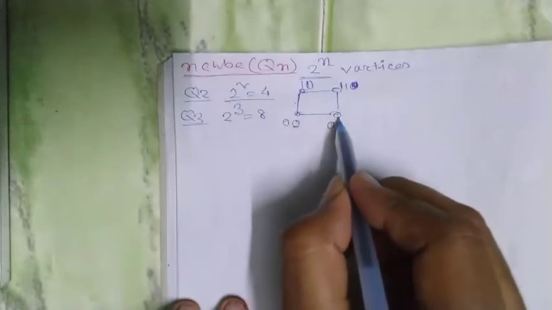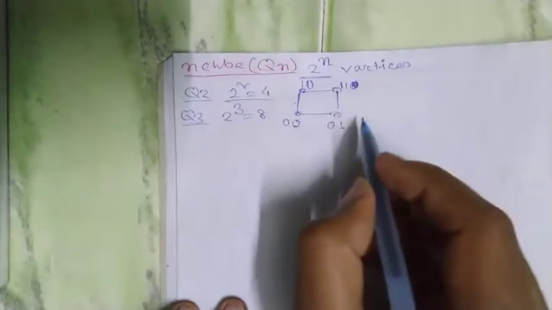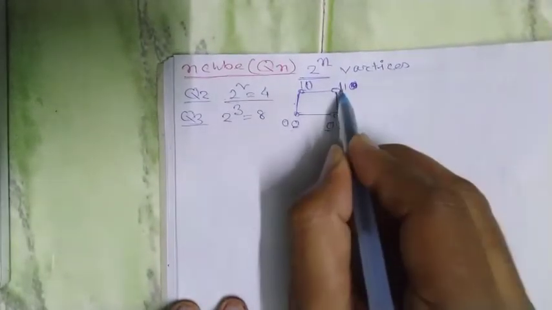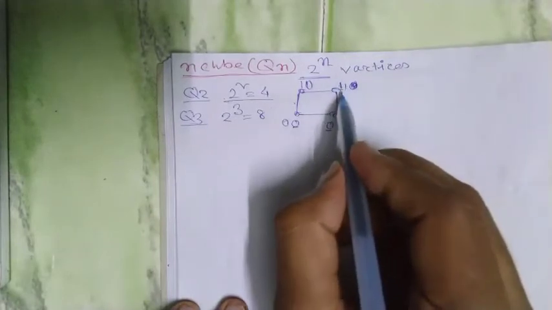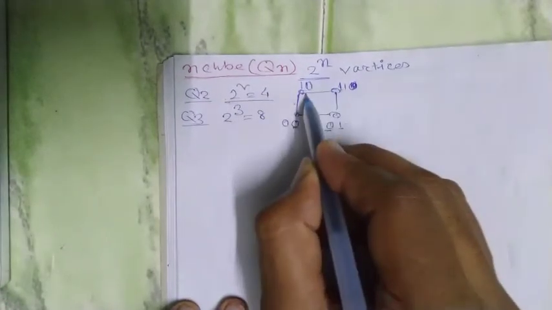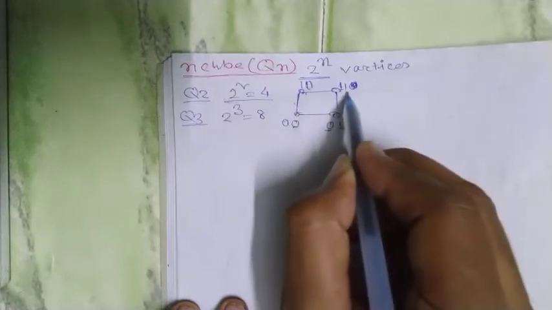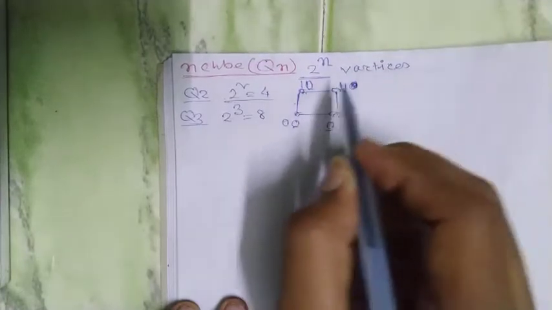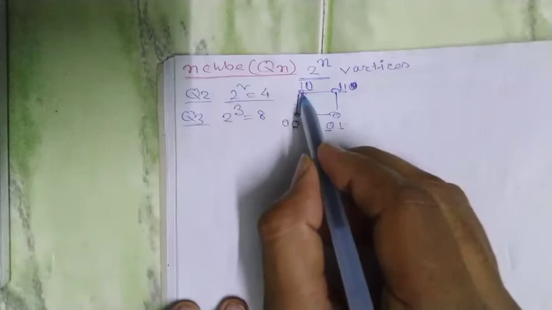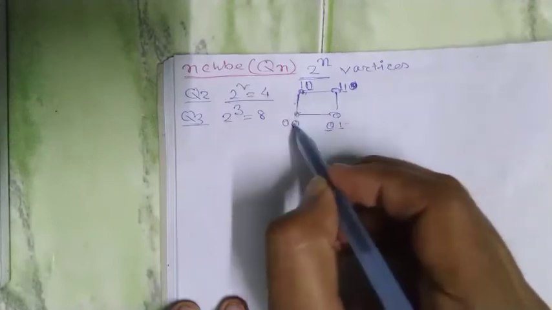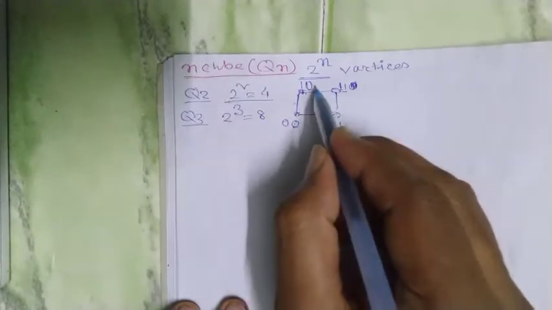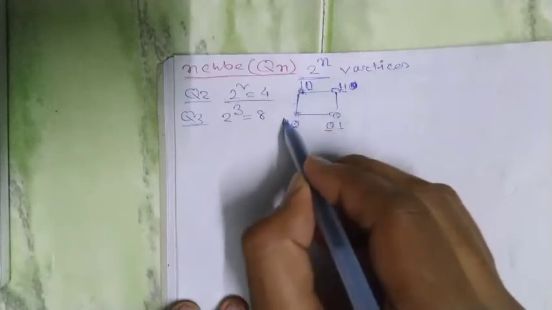Next, this and this are adjacent because only 1 bit is changed. This and this vertex are adjacent because only this bit is changed, and last but not the least, this and this are adjacent because this 0 is the same, just changing the 1 and 0.